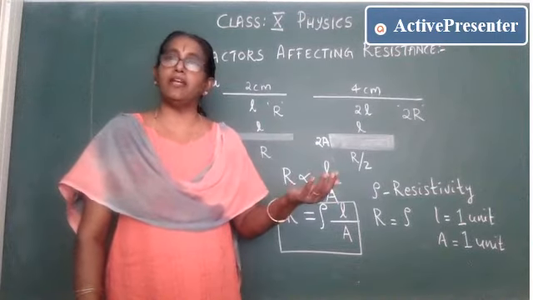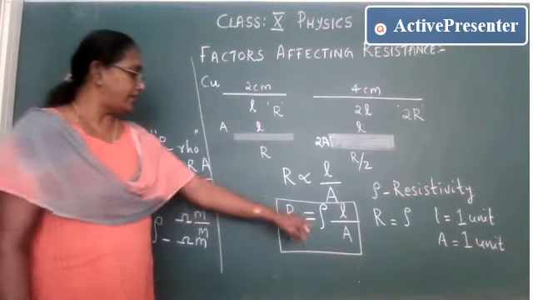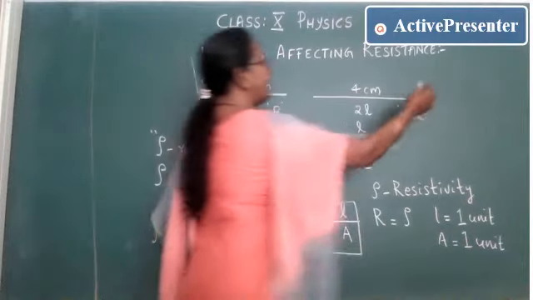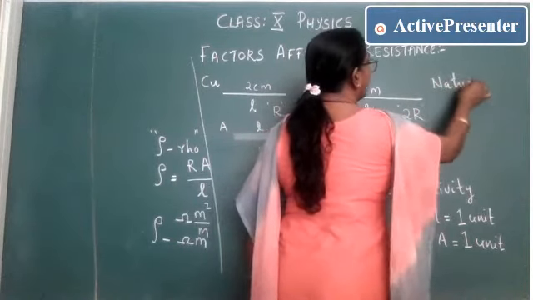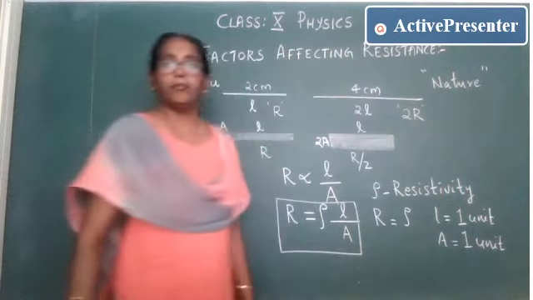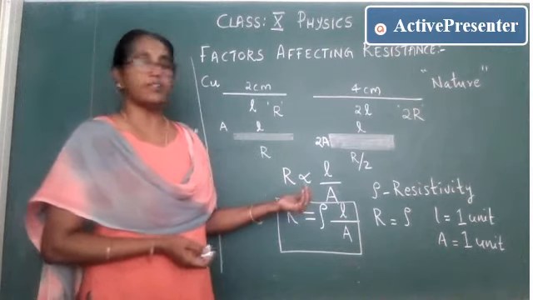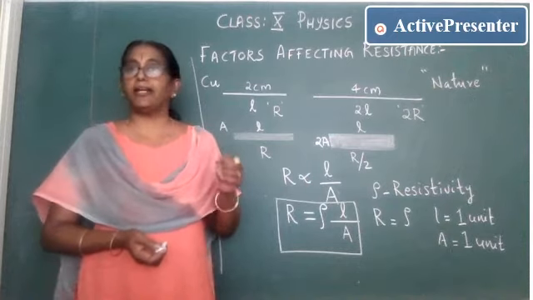Again, your answer must be no. Then what factors can alter resistivity? One important factor is the nature of the material. When the material changes, the resistivity will also change. Another factor is temperature.